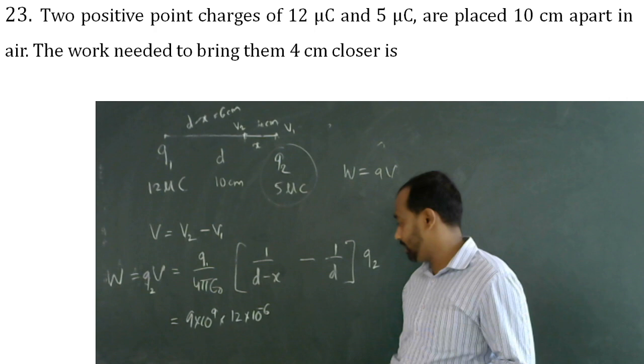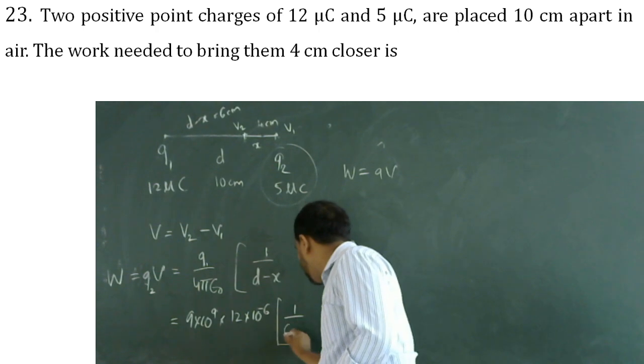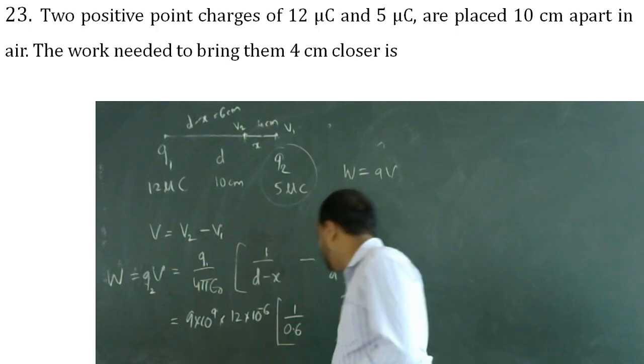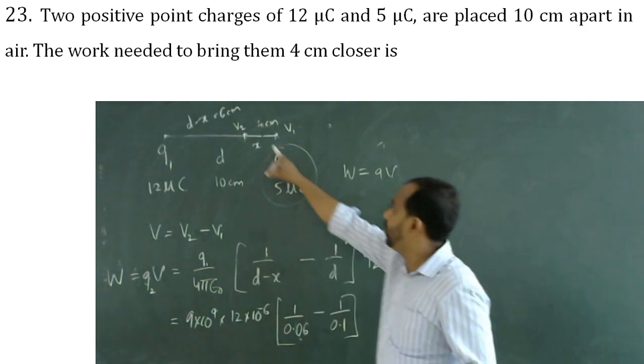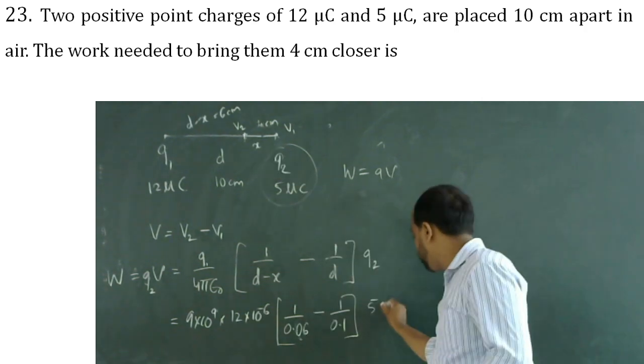Remaining one, so this is 1 divided by 0.06, that is 6 centimeters, minus 1 divided by 10 centimeter, which is 0.1, into Q2 equal to 5 into 10 raised to minus 6.